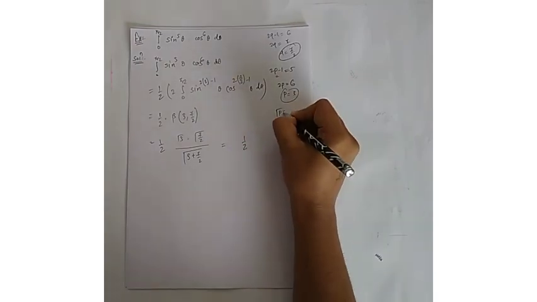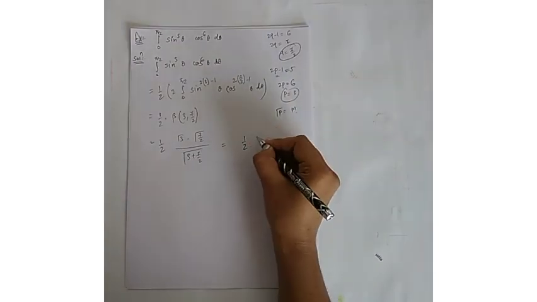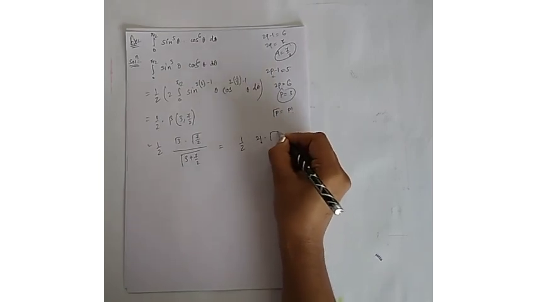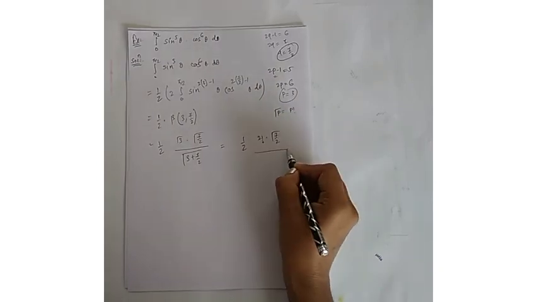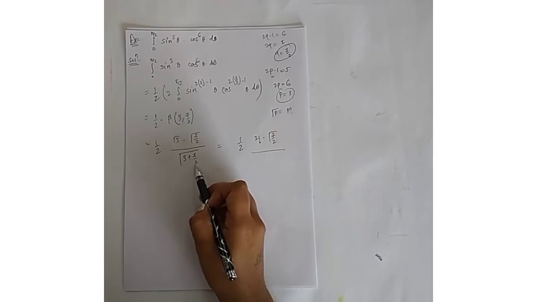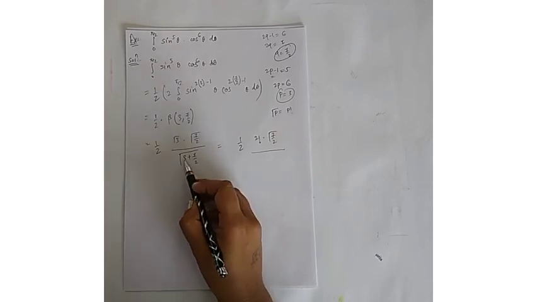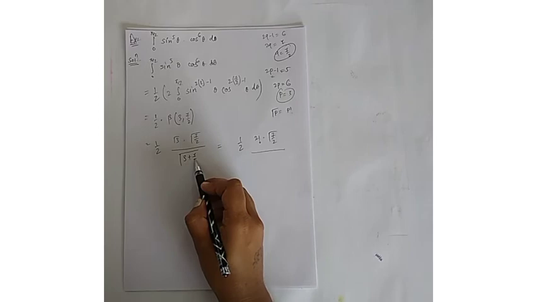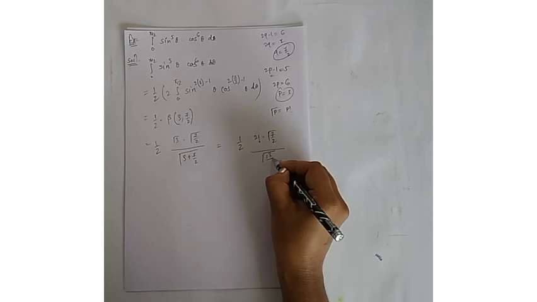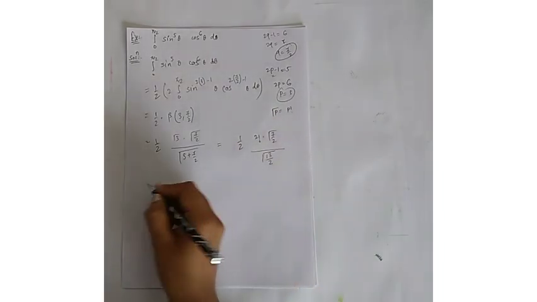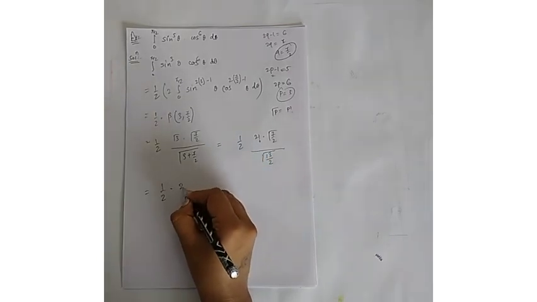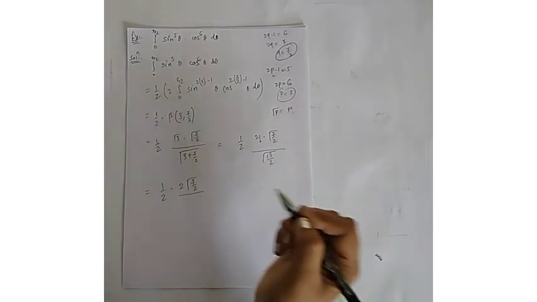We know that gamma p is equal to (p minus 1) factorial, so gamma 3 is 2 factorial, into gamma 7 by 2 upon gamma of 3 plus 7 by 2, which is 6 plus 7 by 2, that is gamma 13 by 2. So it is equal to 1 by 2 into 2 gamma 7 by 2 upon gamma 13 by 2.